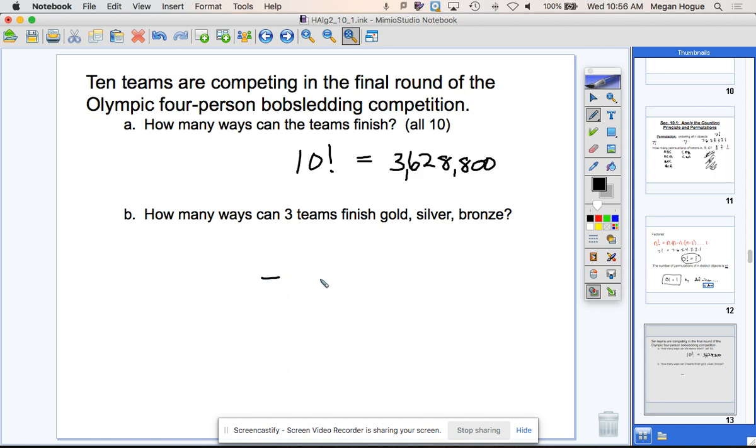Now I'm starting to mix up whether we're going to use the factorial or that other method. Well, I'm only talking about 3 situations, so I'm just going to do 10 times 9 times 8. What do I get? 720. Whereas the first, since it was all of them, I'm going down to the one team standing alone, so that's why I use 10 factorial.